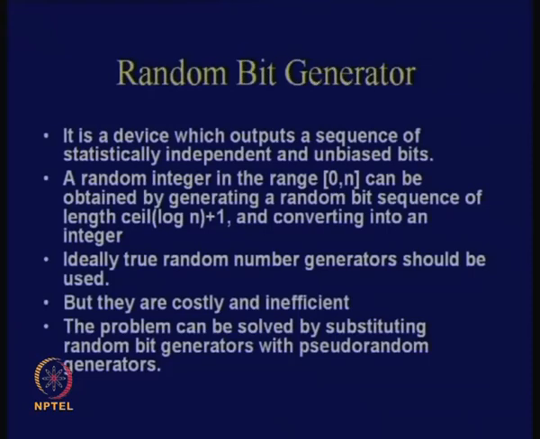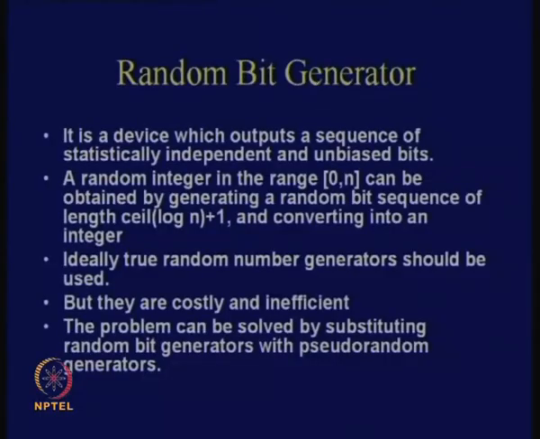So if we have a random bit generator, it is a device which will produce a sequence of bits, which is essentially a random sequence. Therefore the probability of any particular bit is uniform, and it is also unpredictable, that is, the bits are not correlated. Given a bit, the next bit should not be correlated with it.